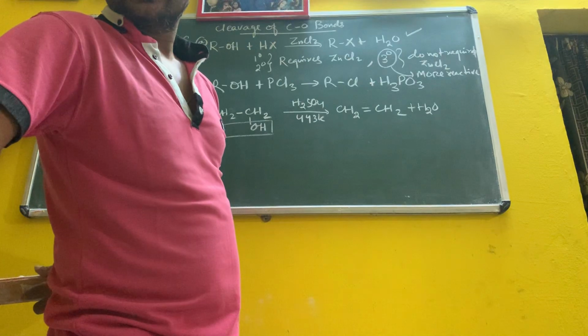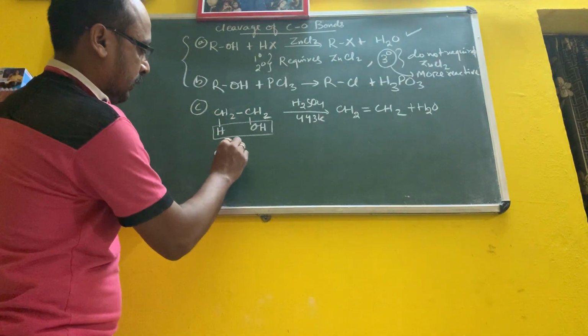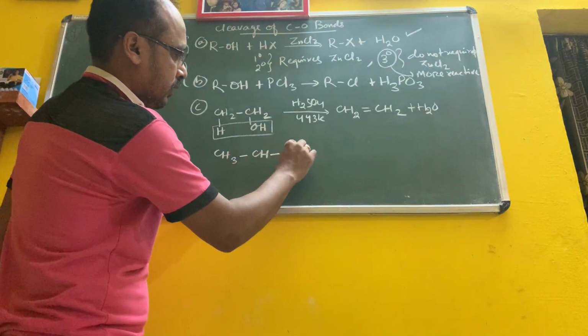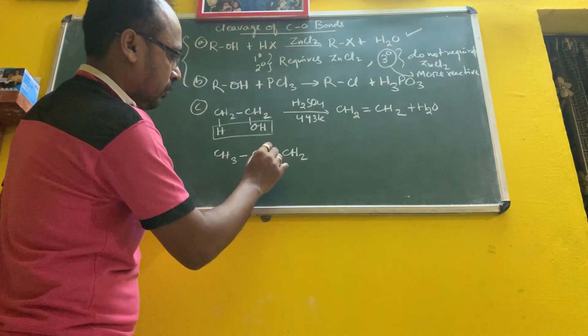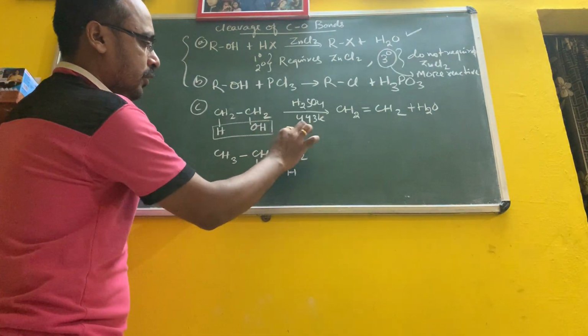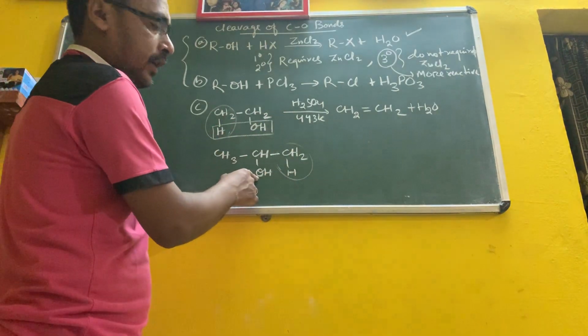Then we will go to the secondary alcohols, CH3CH(OH)CH3. This is your secondary alcohol.